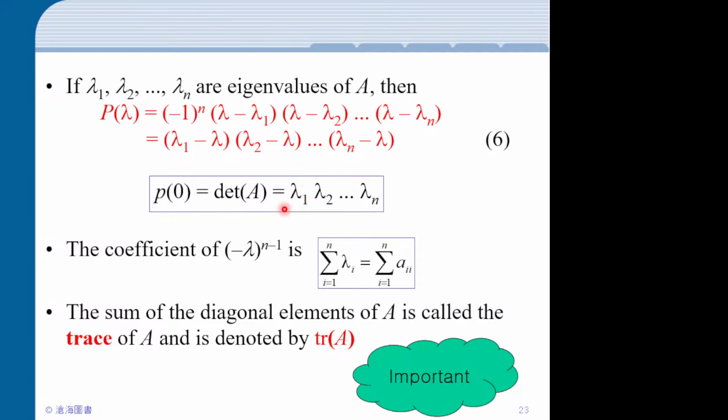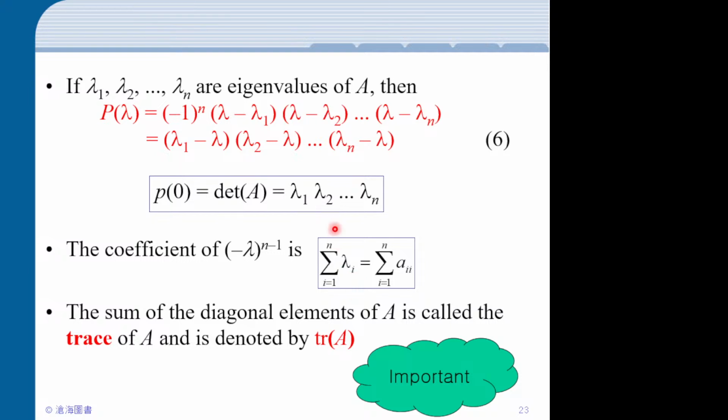But this is sometimes useful mathematically, when you want to show some property of your matrix related to some property of your eigenvalues, and also it's good for checking your calculation.